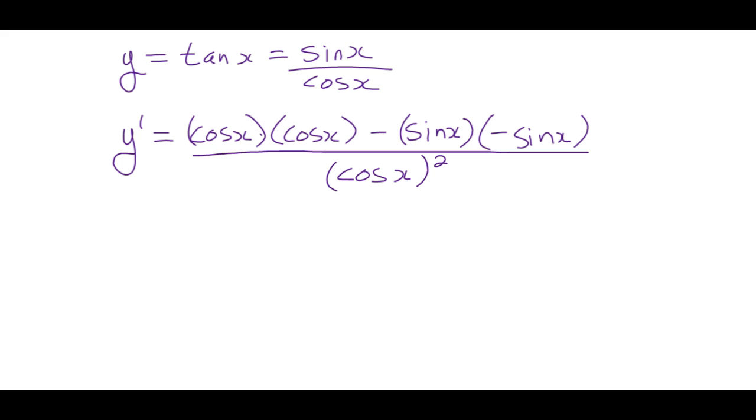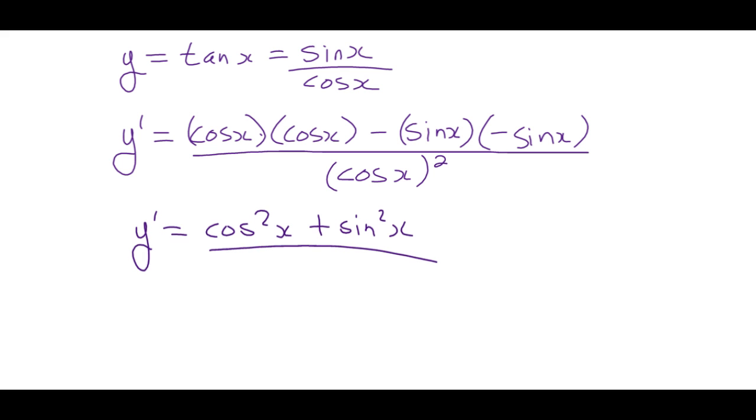And so we end up with cos squared x plus sine squared x over cos squared x, which is 1 over cos squared x, which is secant squared x.